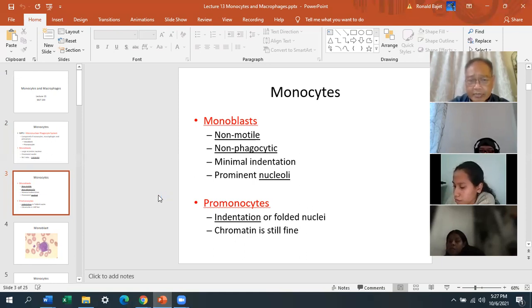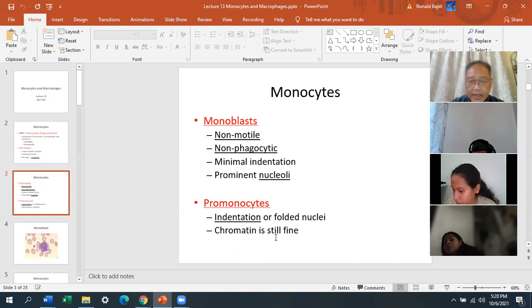The second stage, the middle stage, is the promonocyte. Here, we're starting to see indentation or folding of the nuclei. When I talked about the lymphocyte series, I tried to impress upon you that there's no folding of the nucleus in a lymphocyte. However, in the monocytes, there is nuclear folding.